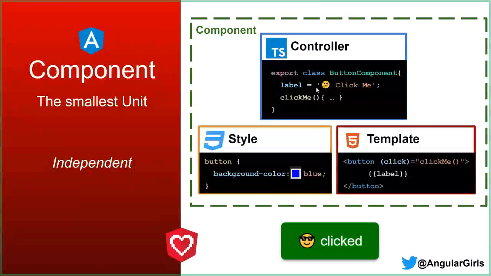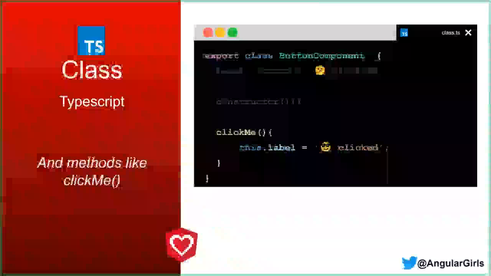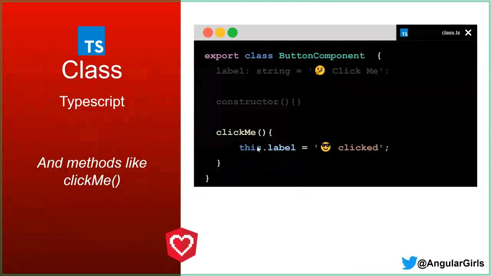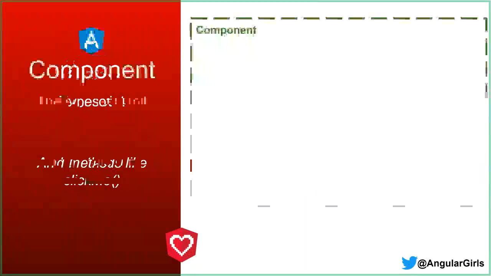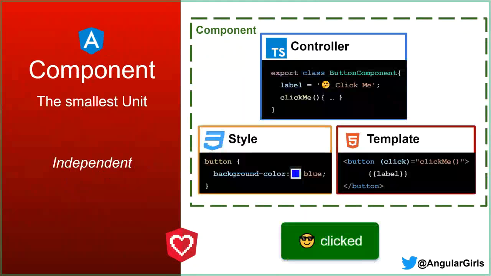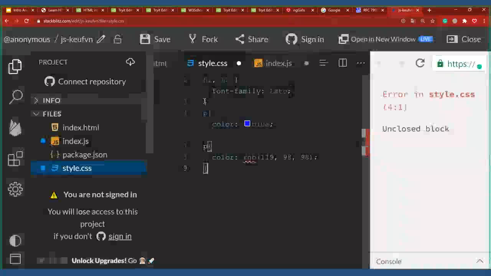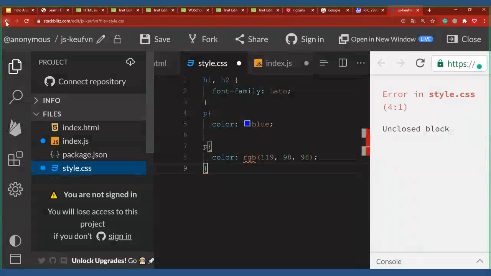And this says, okay, I have the label click me, and when I click on this button, it's clicked. So what you saw here, when I click on this thing, it changes the value of the label. That easy is writing code. When we go back, let's open another TypeScript StackBlitz sample.